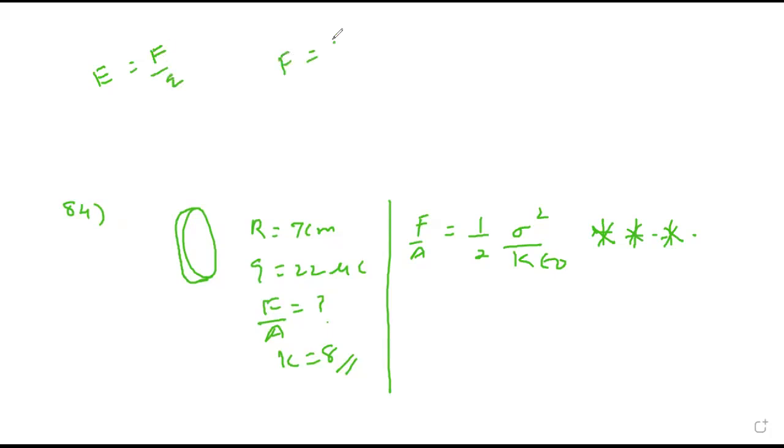So force is Q into E. E is sigma upon 2 epsilon naught. Divide by area on both sides. So we get half, this is Q by A, that is sigma square upon K epsilon naught. Follow formula? So force acting per unit area on a charged conductor is half of sigma square upon K epsilon naught.